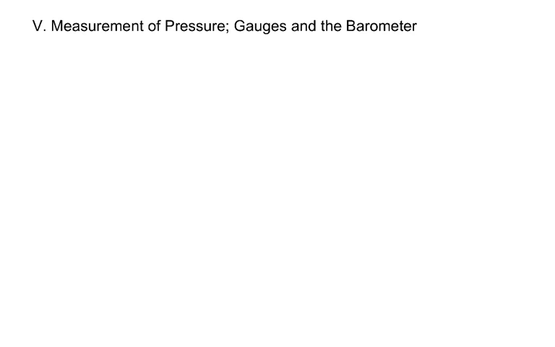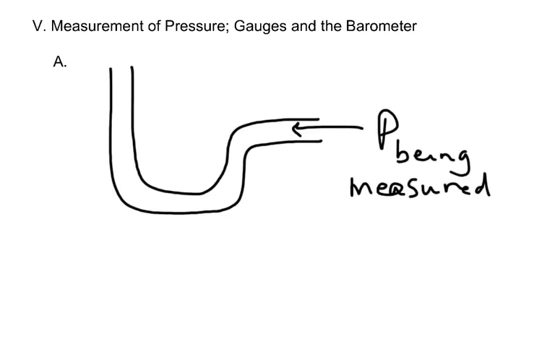Measurement of pressure, gauges, and the barometer. The barometer, or sometimes referred to as the U-tube, is used to measure pressure. So on the right side of this U-tube, there's pressure being measured.